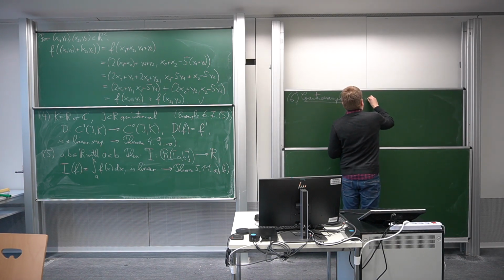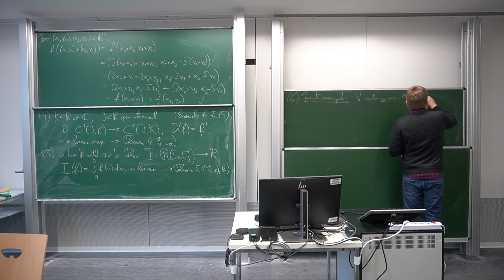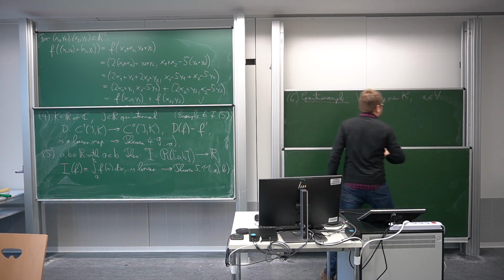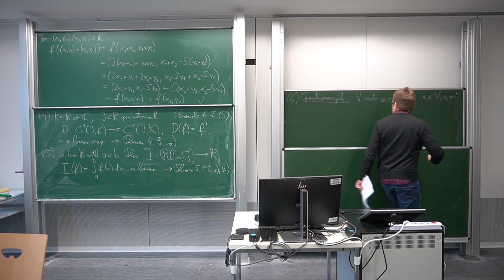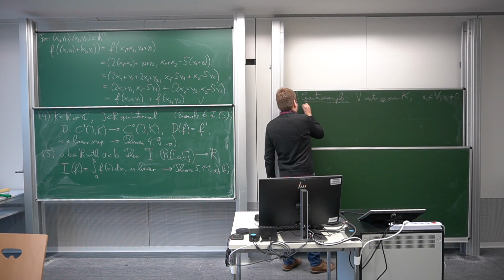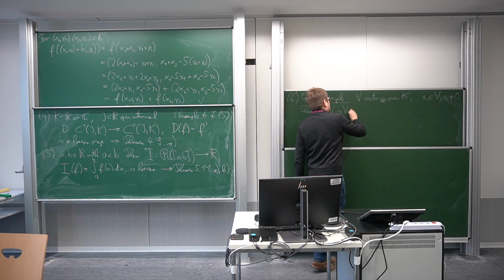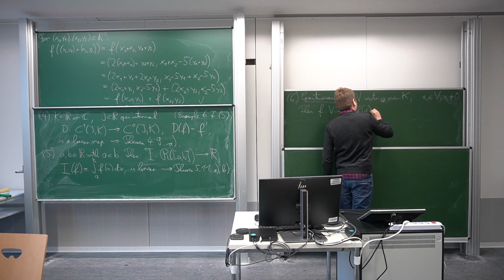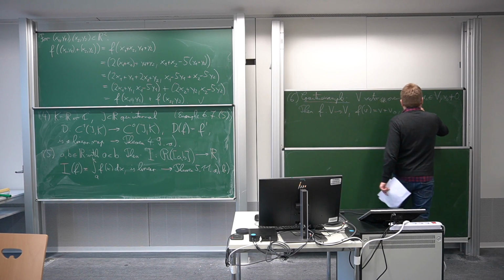If we just take some arbitrary vector space V over K, and we fix an element v0 in V with v0 not equal to 0, then the map which goes from V to V, which just takes f of v to be v plus v0, is not linear.